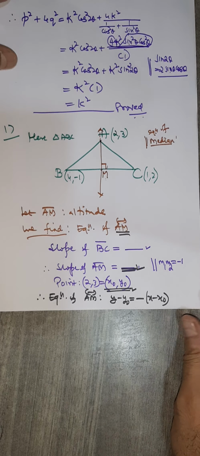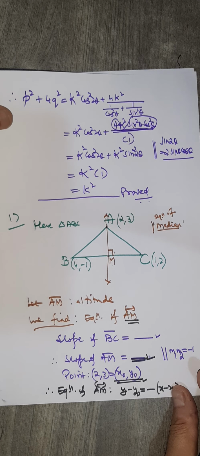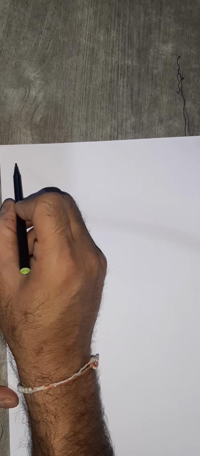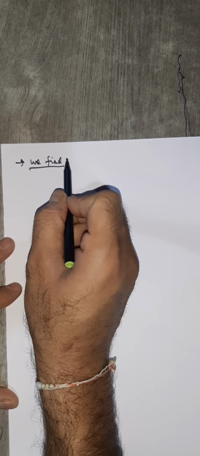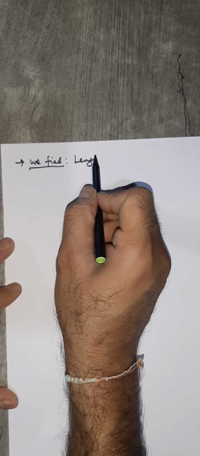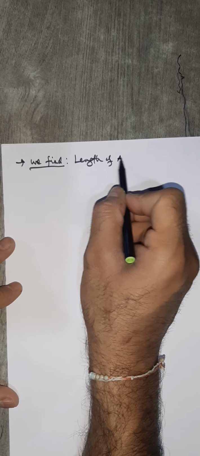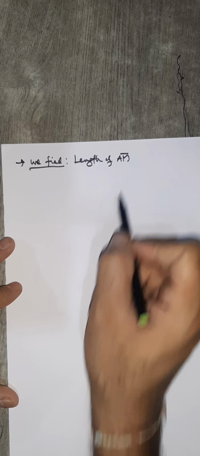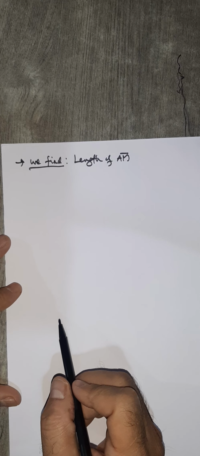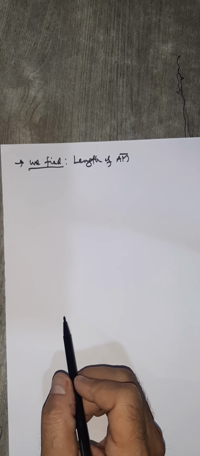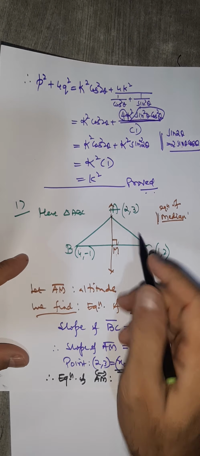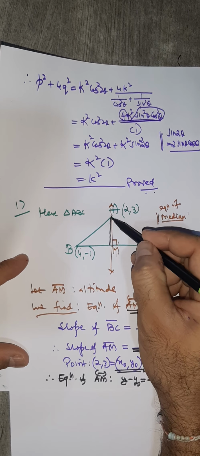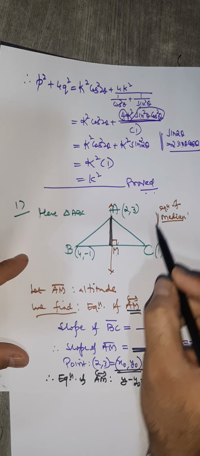Okay. Now what is the other part there? Length of altitude. That is in fact the first sub question. Now we find the length of altitude AM, right? We want this length. This much in the diagram, we want this much only. So what is this indirectly?